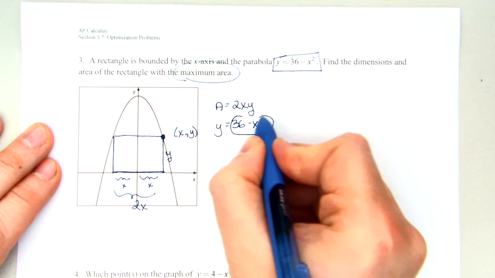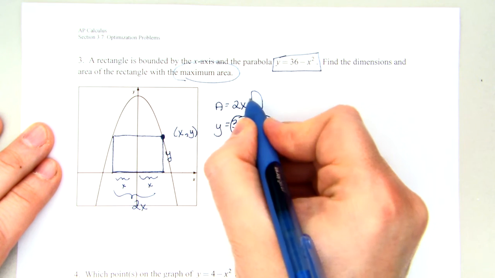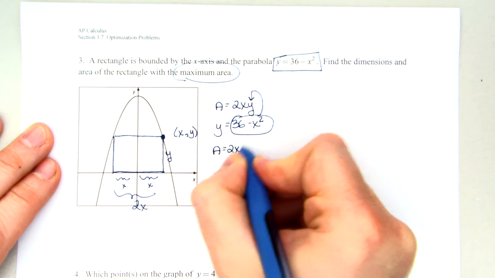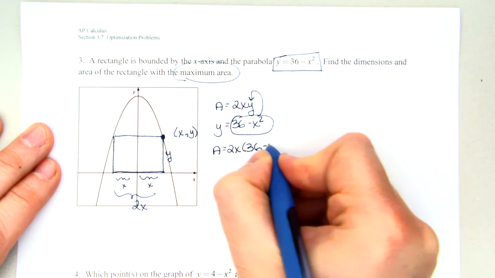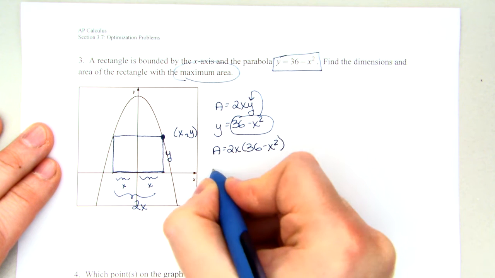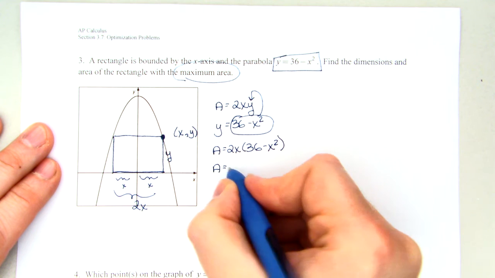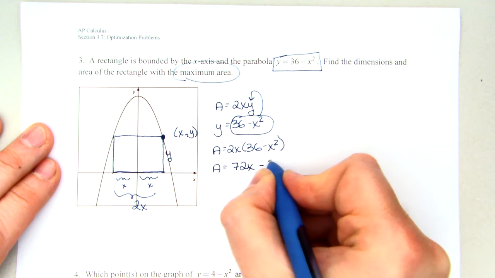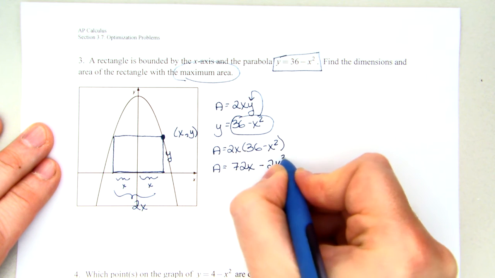We're going to take that and plug it in for y. We're going to get A equals 2x times 36 minus x squared. So my area is 72x minus 2x to the third.